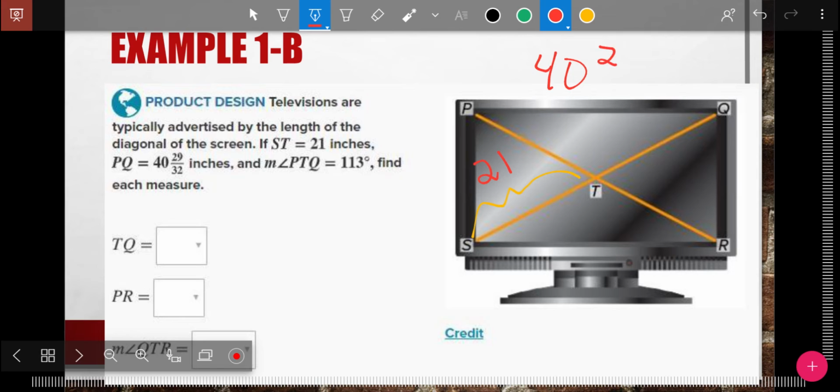And angle PTQ, right here, this angle, is 113. Find the rest of the information. The first thing it's asking for is TQ. TQ is this other half. Diagonals bisect, so if this half of the diagonal is 21, then this half of the diagonal is 21.